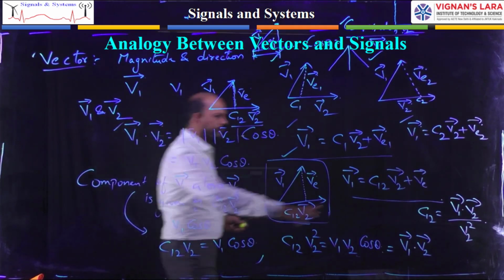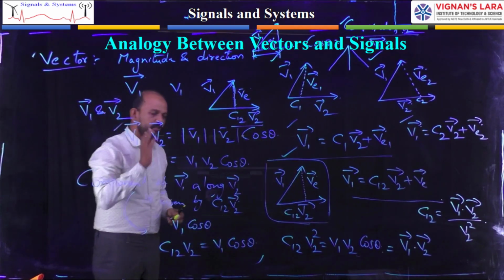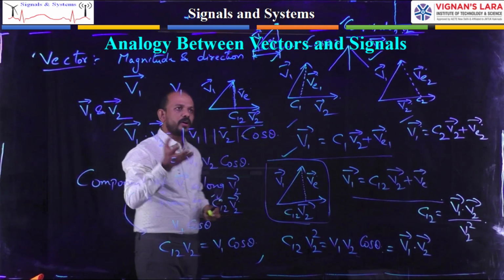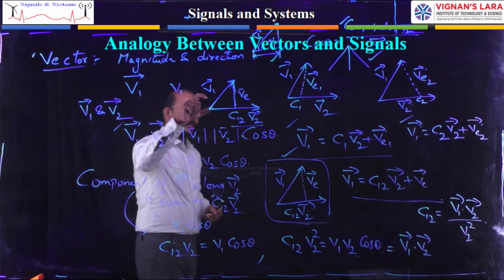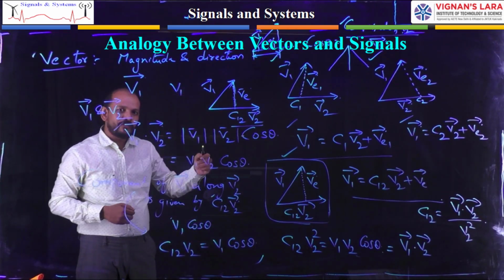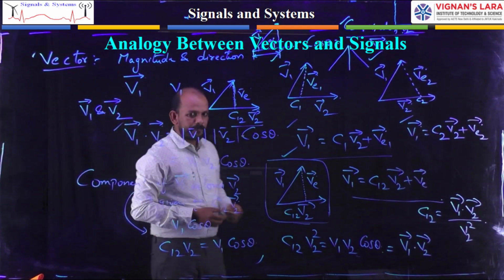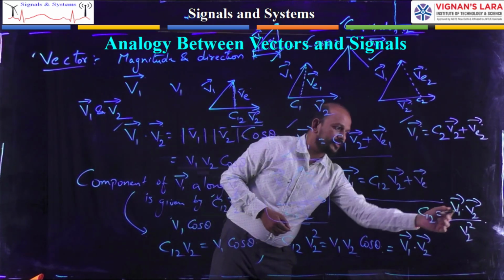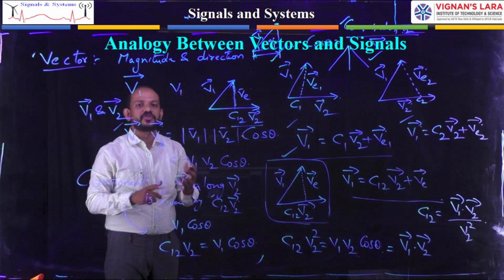So if C12 equals 0, there is no component of vector V1 along vector V2. That is, these vectors V1 and V2 are mutually perpendicular to each other.